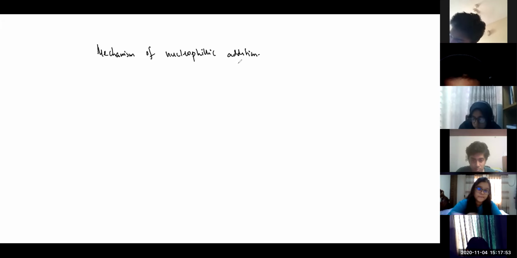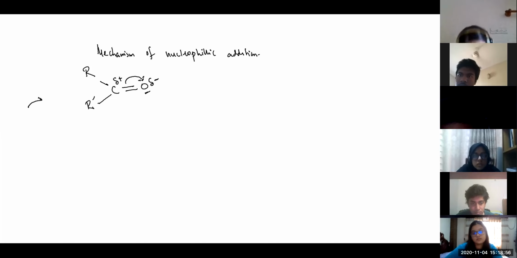Double arrow means he's trying to pull both the electrons. For free radicals we always take a semi arrow or half arrow. Why? Because there's just one electron involved. Here it's a double bond, a pi bond. How many electrons are involved? 2 electrons are involved, and both the electrons are being pulled by oxygen.